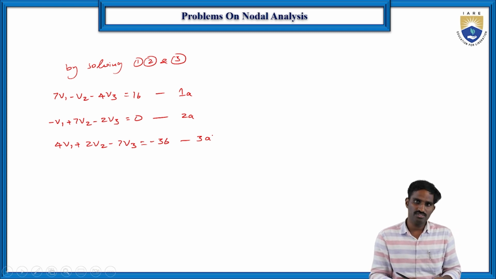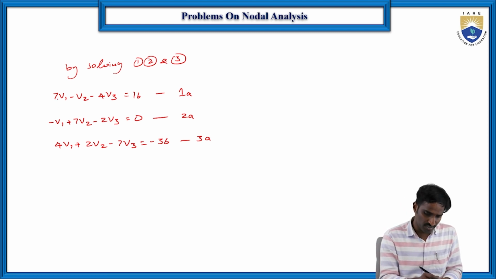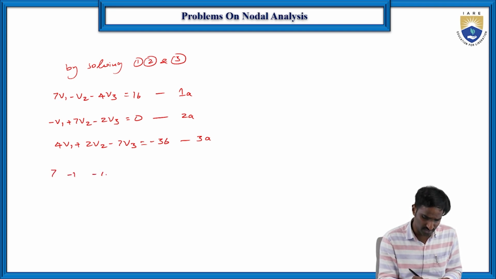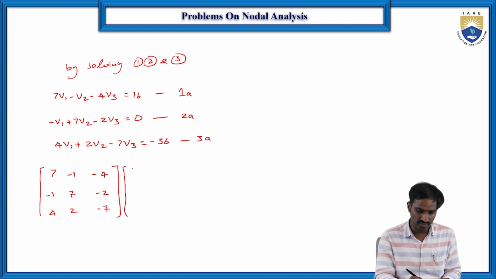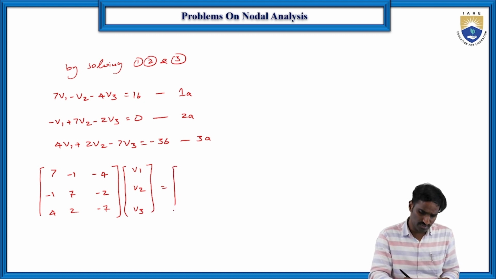Then if you write these equations in matrix form, first the coefficients of V1, V2, V3 in the first equation are 7, minus 1 and minus 4. Similarly in the second equation they are minus 1, 7 and minus 2, and in the third equation 4, 2 and minus 7. Then you get V1, V2 and V3, and the right side is 16, 0 and minus 36.